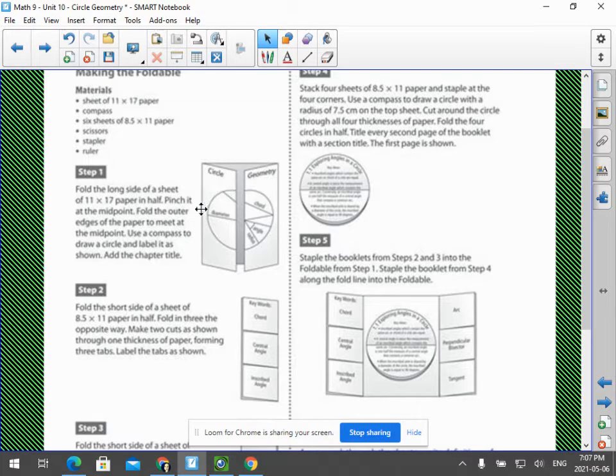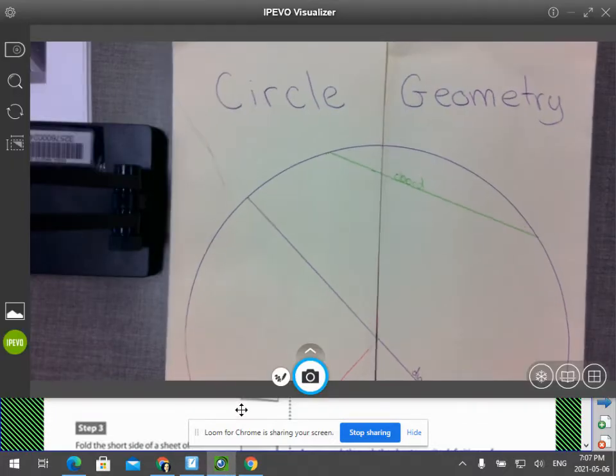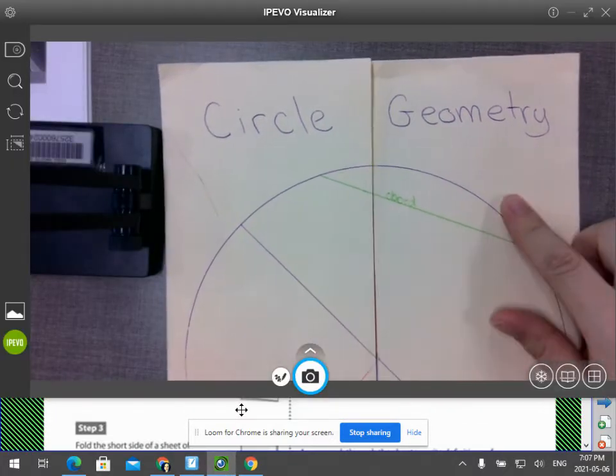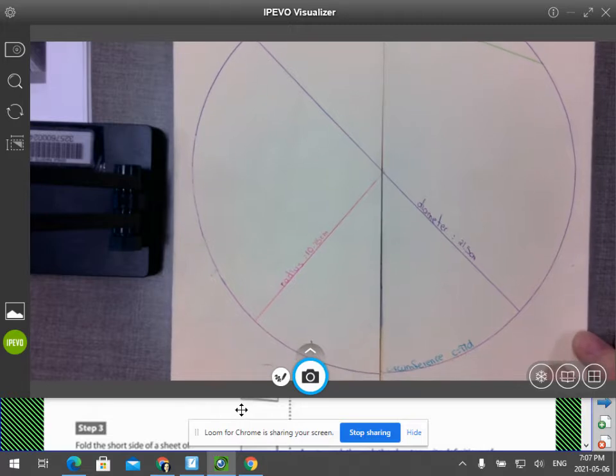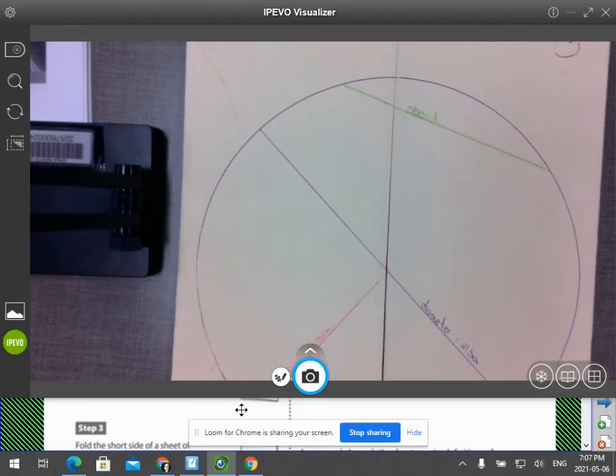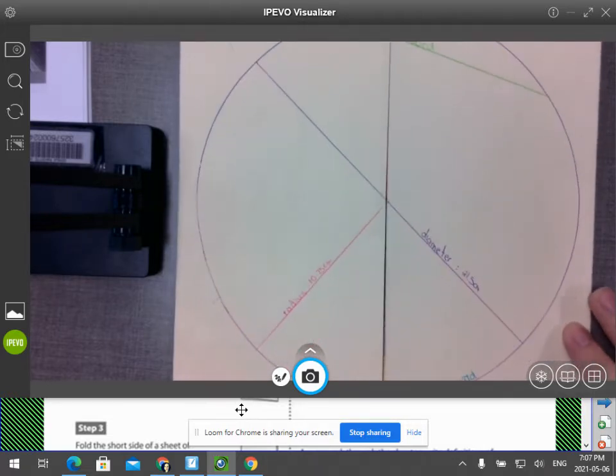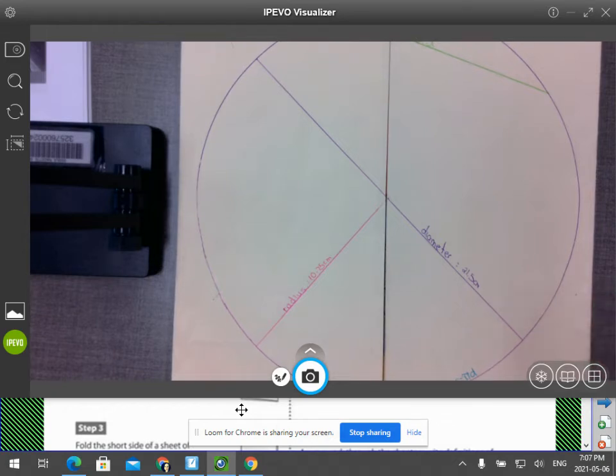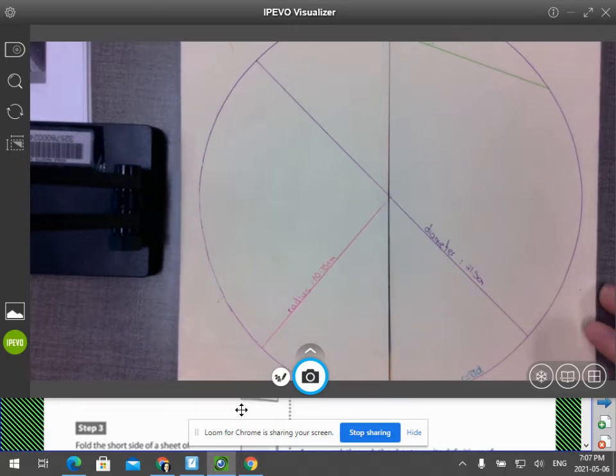And then on mine, I have a large circle. If I switch my screen over to this, you can see I put a title of Circle Geometry, and then I put a giant circle on there to practice my compass skills to draw circles. Some of you at home may choose to find a large circular object and trace it. That is your choice how you would like to do that.